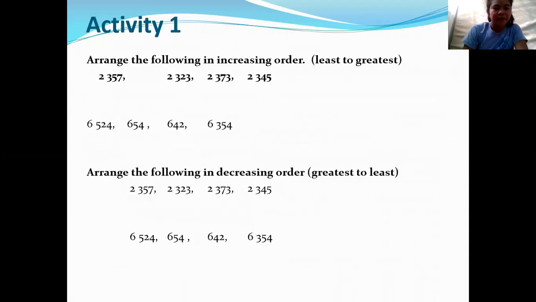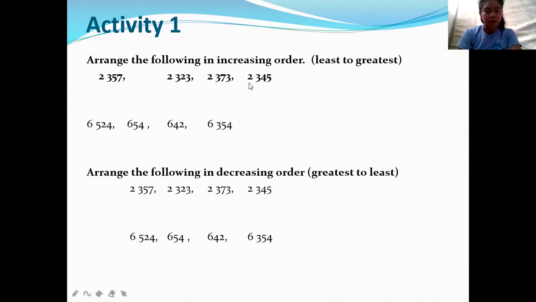Next. So we are going to arrange the following in increasing order. Increasing means pa-increase, di ba? Least to greatest. Okay, which number is the least here? We have 2,357, 2,323, 2,373, or 2,345.